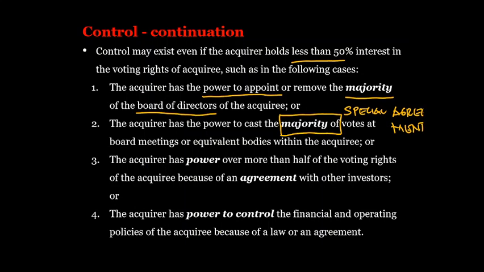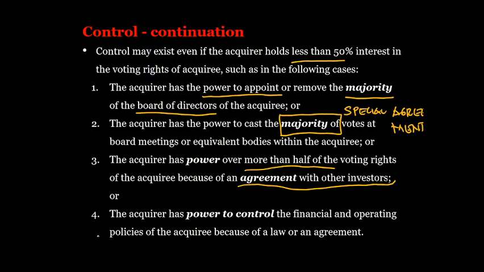Anyway, in number 3, the acquirer has power over more than half of the voting rights of the acquiree because of an agreement with the investors. Okay, so this one has something to do with the agreement with the corporation or with the entity. This time, agreement with investors. Ayun, yun yung pagkaka-explain sa akin nun.